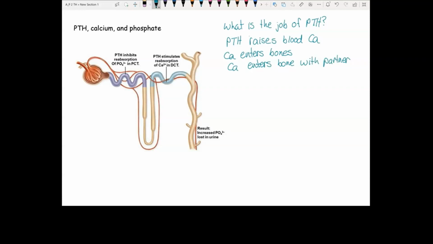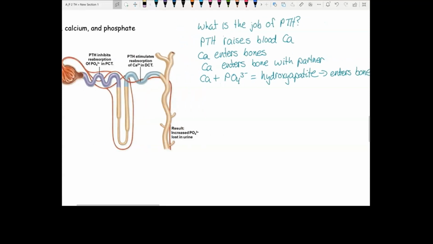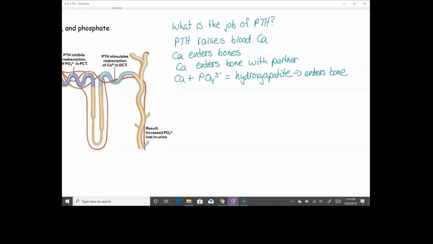In order for calcium to enter the bone, it has to combine with phosphate, and they form hydroxyapatite. And this is what then enters the bone. The goal of PTH is to keep calcium in the blood.